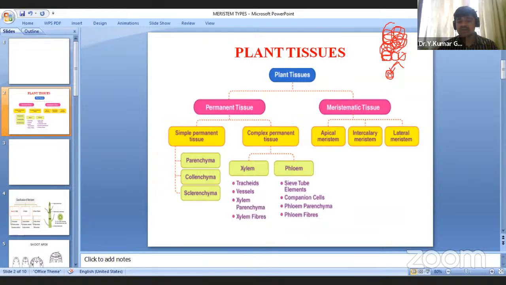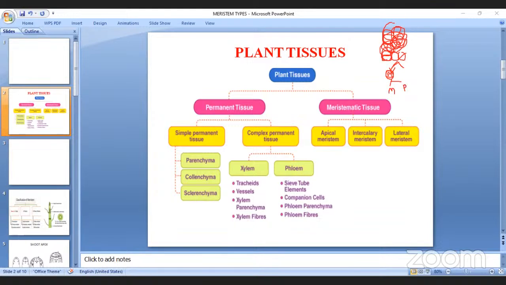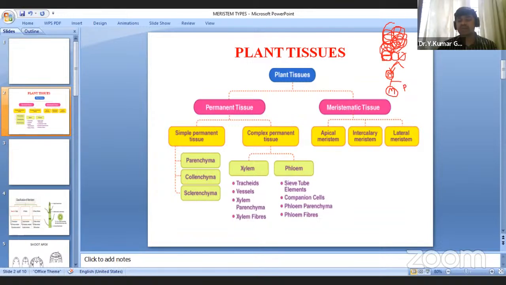These meristematic cells divide mitotically and redivide continuously, forming one meristematic cell and one permanent cell. Again the meristematic cell divides, forming a meristematic and a permanent cell. Which cell always divides here, meristematic or permanent? The meristematic cell divides and redivides, and each division forms one meristematic cell and one permanent cell.